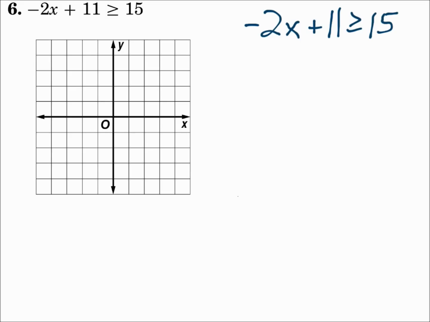Number 6. -2x plus 11 is greater than or equal to 15. First, get everything on the left side, so we'll subtract 15 from each side. Then replace 0 with a y.